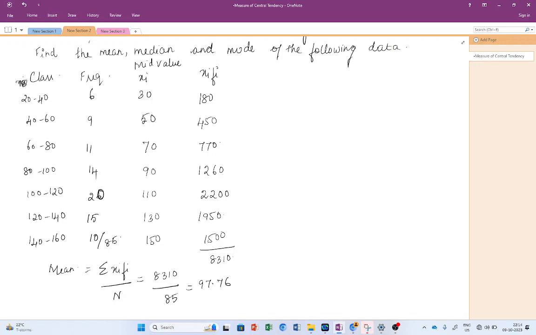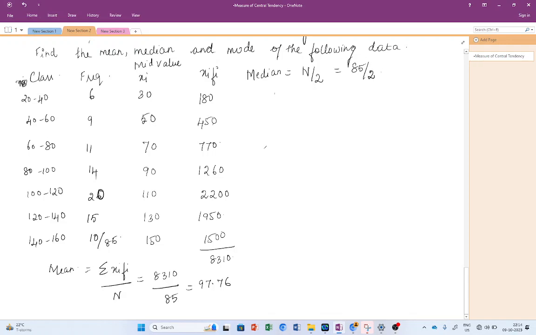Now you are going to calculate what the median is. So to calculate the median, first you find what is your n by 2, the same procedure as you did for the discrete type. So n by 2 means it is 85 divided by 2.